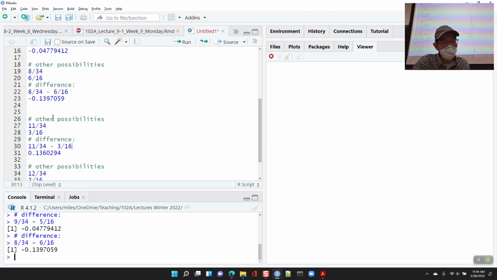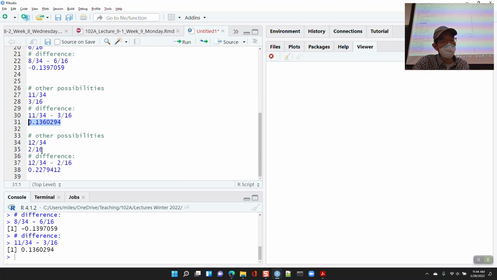If I didn't get 10 and 4, maybe I got 11 and 3. That is a difference of 0.136. More extreme would be 12 in group A and 2 in group B, and that would be a difference of 0.227.